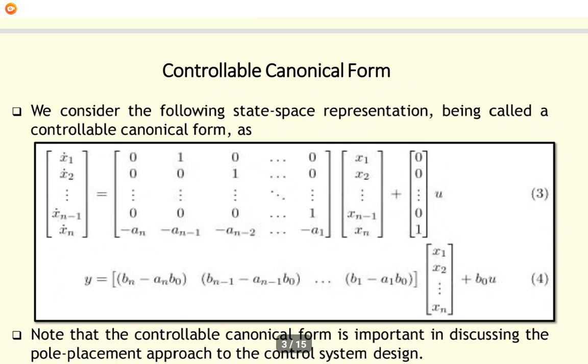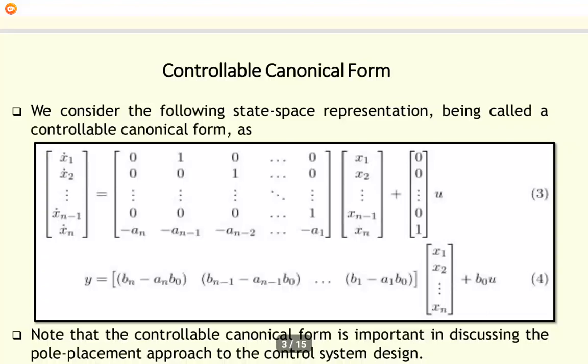Here, y is equal to x1, and x1 dot is equal to x2. So x1 dot is equal to only x2, that's why a 1 is coming and the rest of the elements are 0, and x2 dot is x3. It continues in such a way.